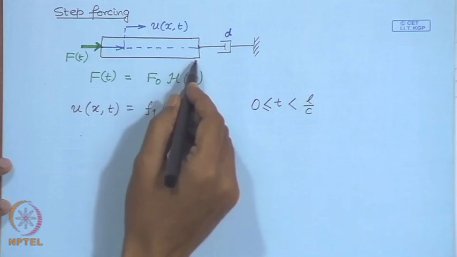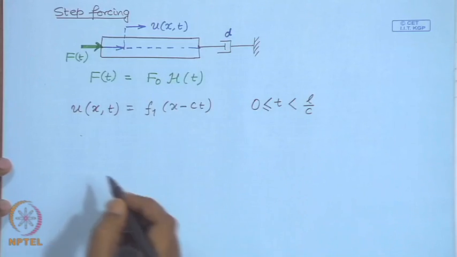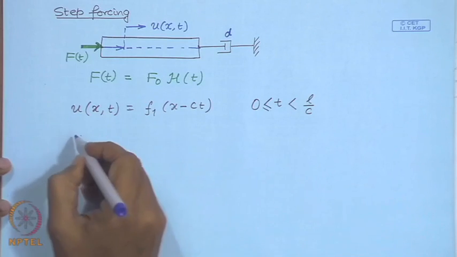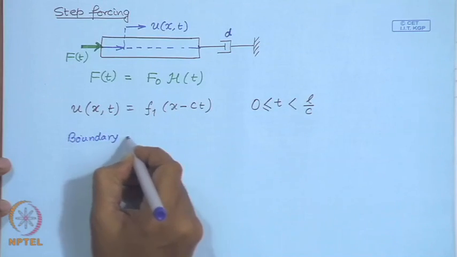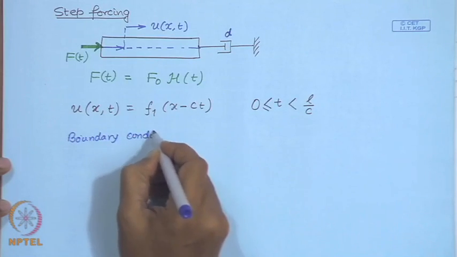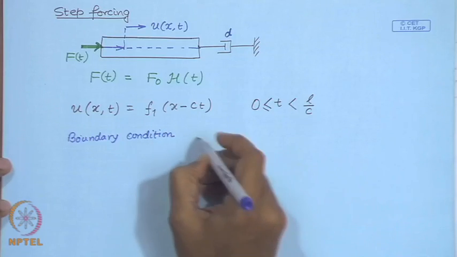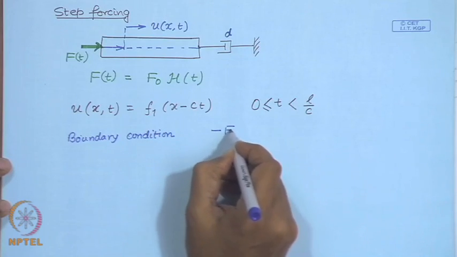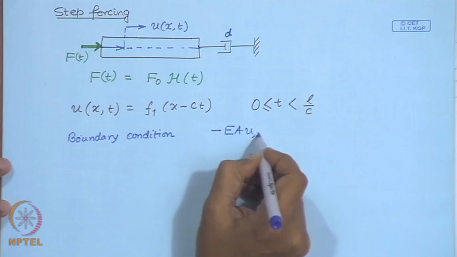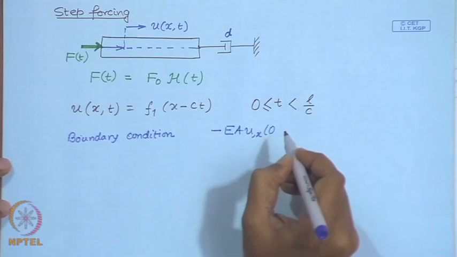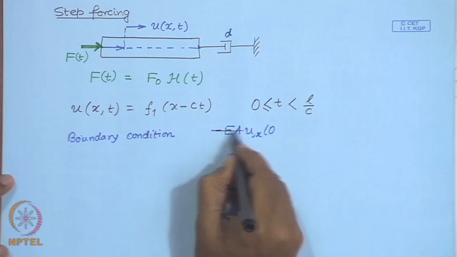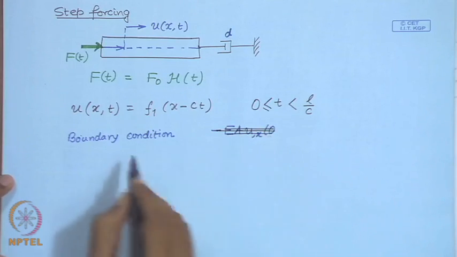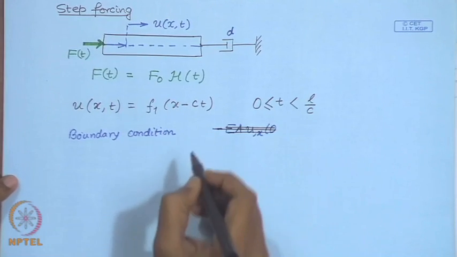Now, as soon as it hits the right boundary, we have this boundary condition. Let us first consider the condition at the left boundary.